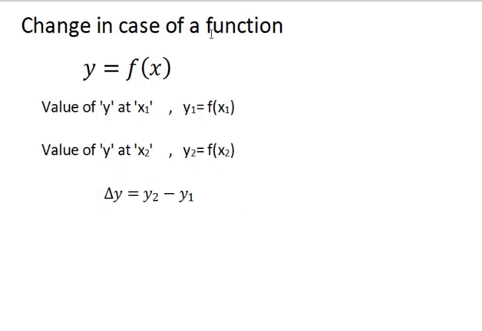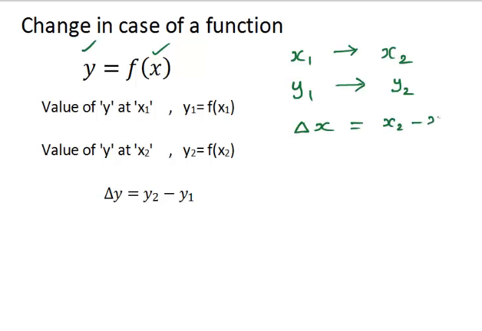So what we are saying is y here is a function of x. If x changes from x1 to x2, then correspondingly y changed from y1 to y2. Our change in x is just x2 minus x1, and change in y is y2 minus y1.